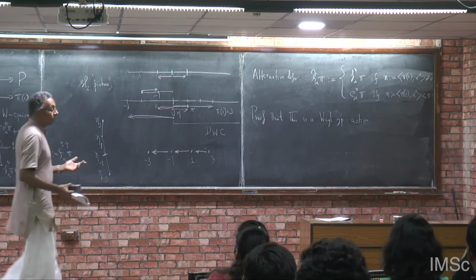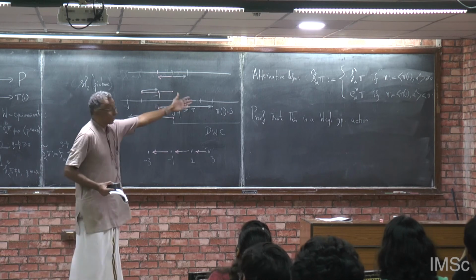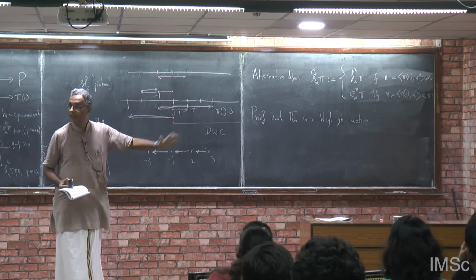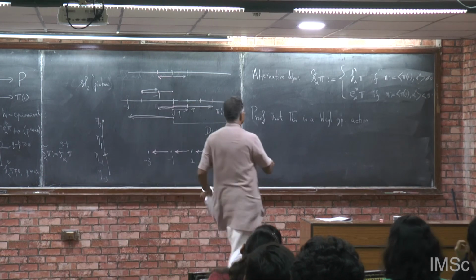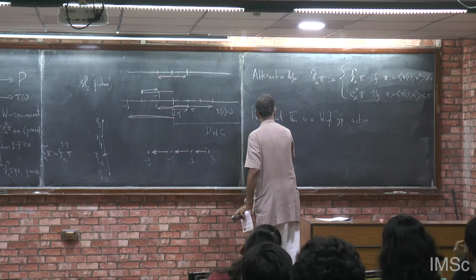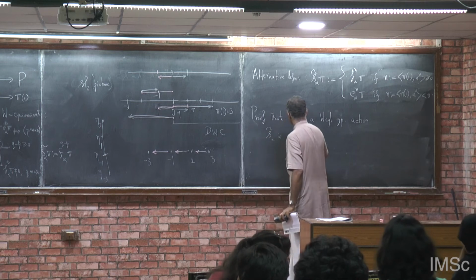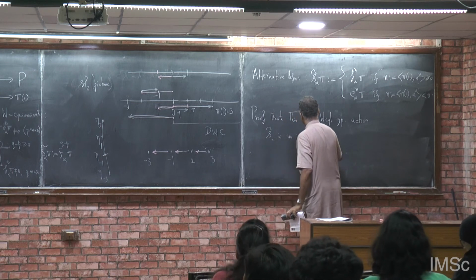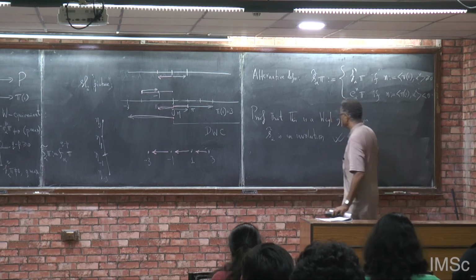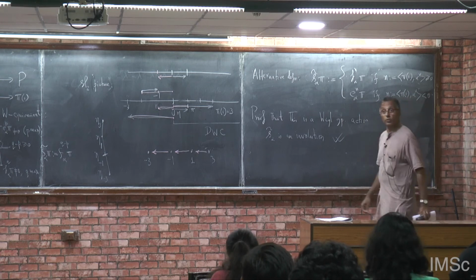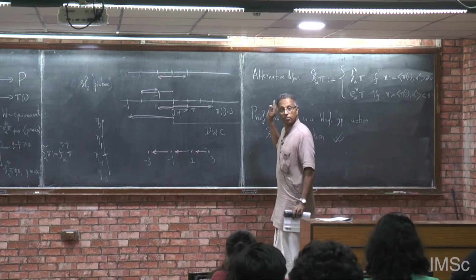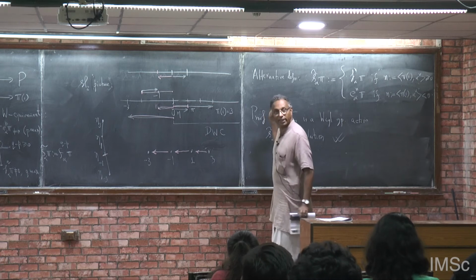Now S alpha tilde square is 1 is clear. That's easy. S alpha tilde is an involution. That's obvious from the definition. I'm not checking it, it's easy.